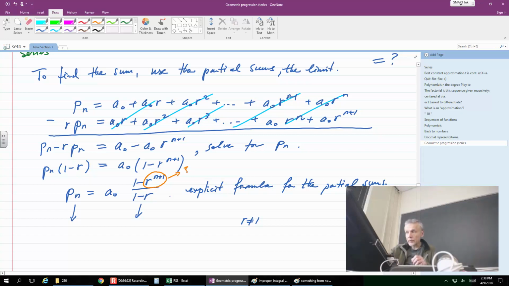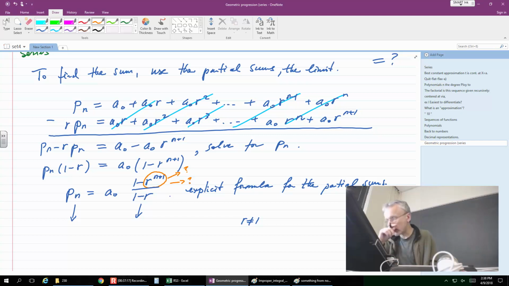It might converge, it might diverge. So what value of R might cause it to diverge?